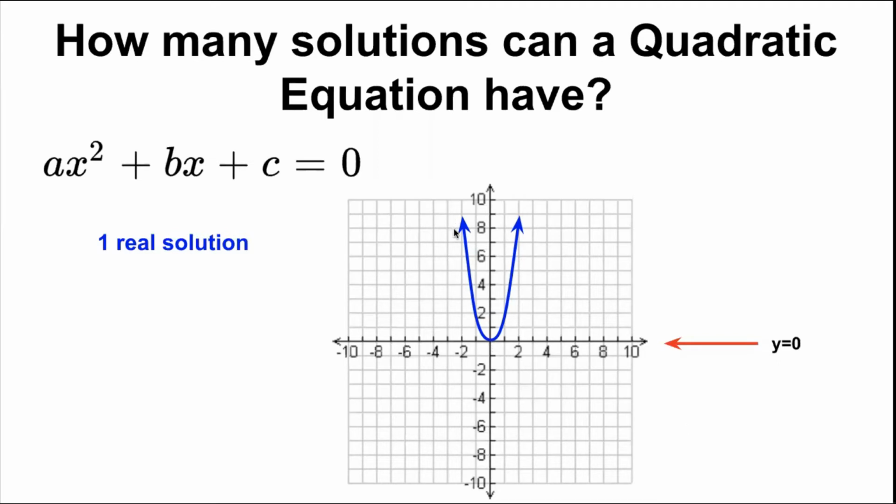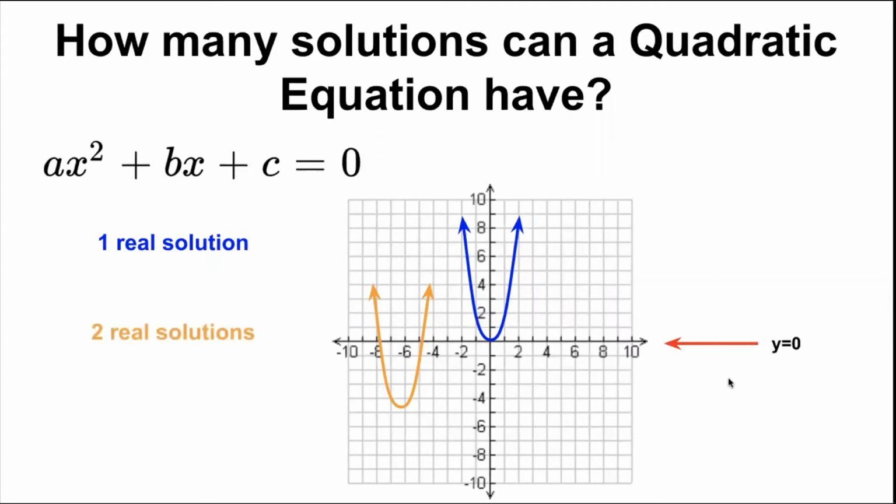Because that's when this graph crosses the x-axis, meaning that y equals 0 once. So in this particular problem, it only has one solution. Now, whenever it crosses the x-axis twice, you have 2 solutions. So we have 2 real solutions.